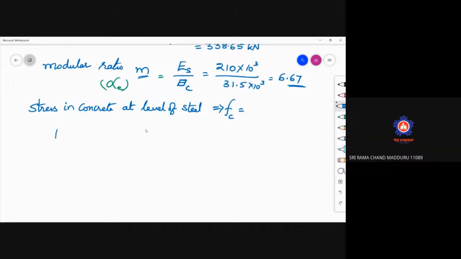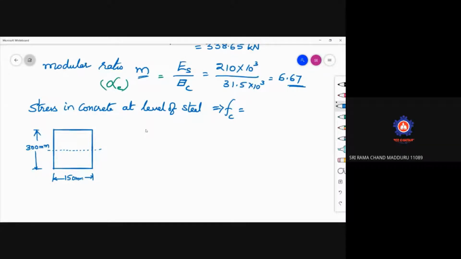Just see this, this is your cross section of the beam. You can also make a note of this. So this is the cross section of the beam, this is the neutral axis. The depth is given as 300 mm, width is given as 150 mm.